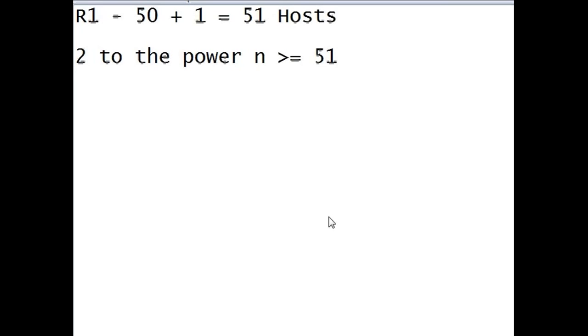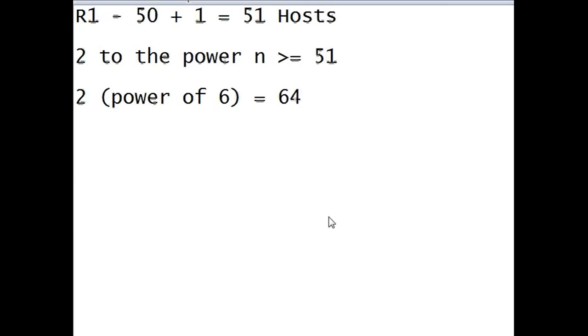That n is actually the block size exponent, so 2 to the power n we have to calculate. 2 to the power of 6 results in 64.